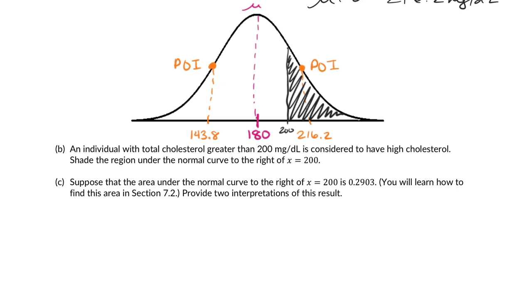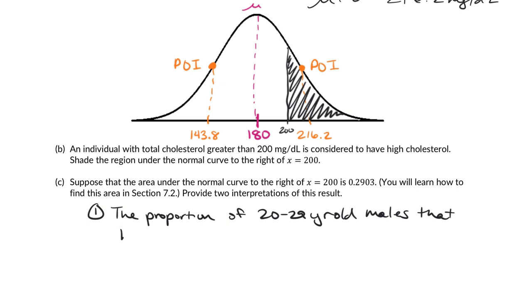If we move this back into the conclusions from that box, our first interpretation is that the proportion of 20 to 29-year-old males, that's the population, that has high cholesterol, because it's cholesterol over 200, which is considered to be high, is 0.2903.